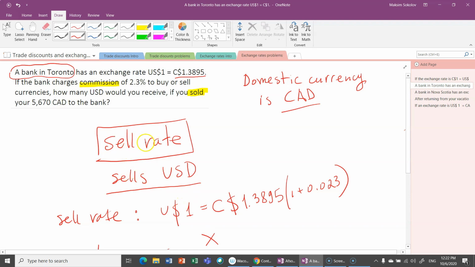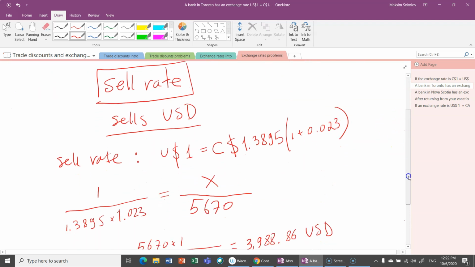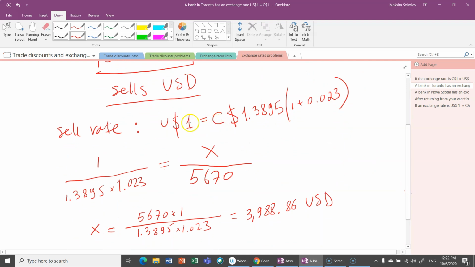How do they make money? Well, the bank themselves will buy the currency using the exchange rate because they have access to that exchange rate. So then they add commission. They add 2.3% commission, and they create the sell rate this way, right?